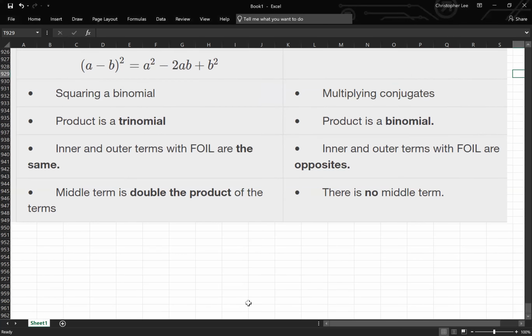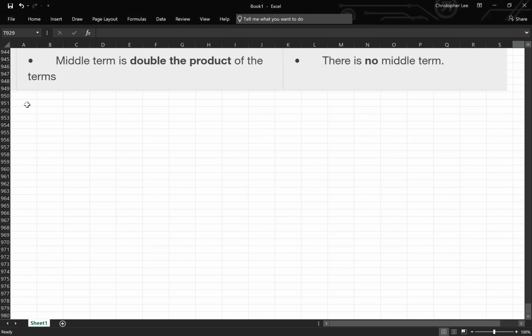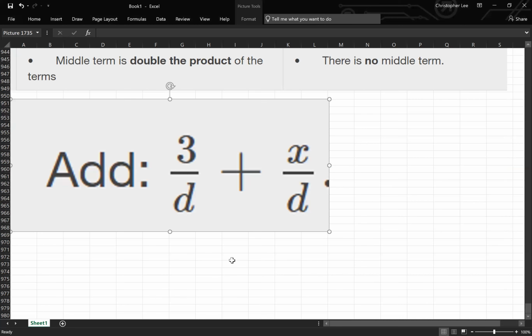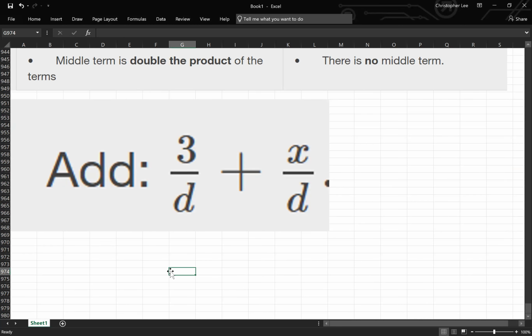So I want to get into another topic similar to this. Well, first, I want to do a little blast from the past. Somebody tell me what the answer to this is.